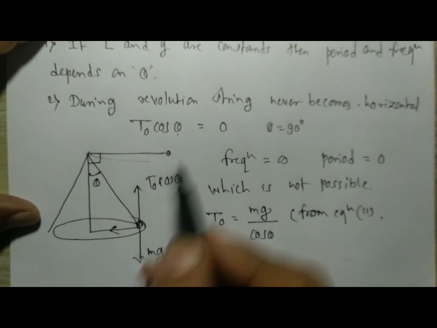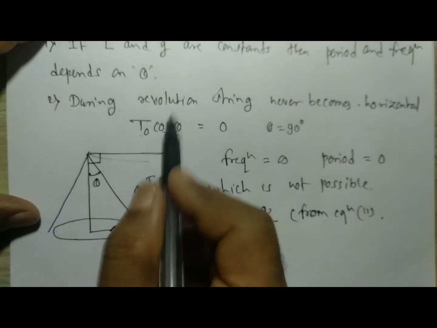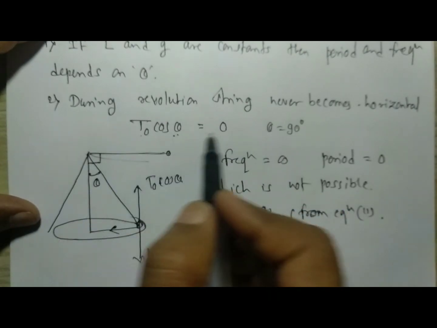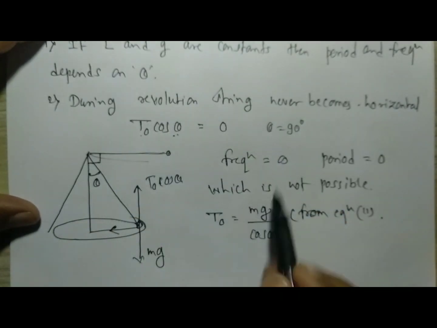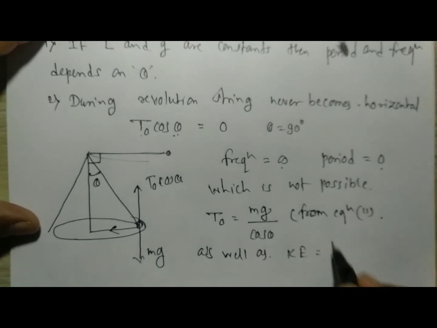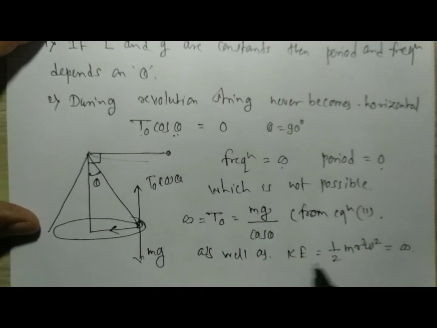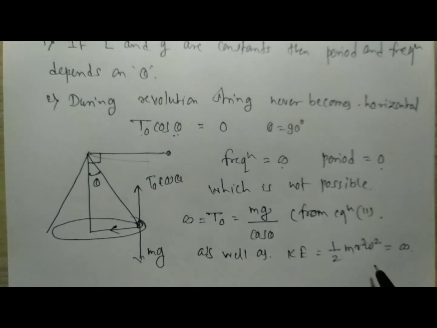Equation 2 is T cos θ is equal to mg, and this becomes 0 because of cos θ. θ is equal to 90 degrees, and therefore T cos θ is equal to 0, and during this the frequency is equal to infinity and the period is equal to 0, which is not possible, and T0 is equal to mg divided by cos θ, as well as the kinetic energy, that means 1/2 m r² ω², also becomes infinity, which is not possible.